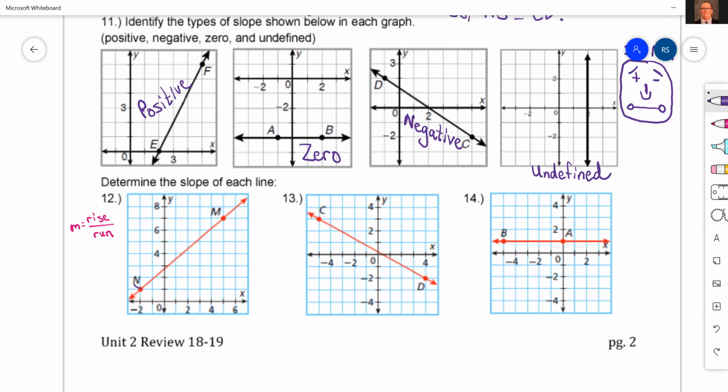Let's see, I went 1, 2, 3, 4, 5, 6 up. So my slope here would be 6 over, and then what did I run? 1, 2, 3, 4, 5, 6, 7. Can I reduce 6 over 7? No, so that's my answer. I went up 6 and then ran 7.